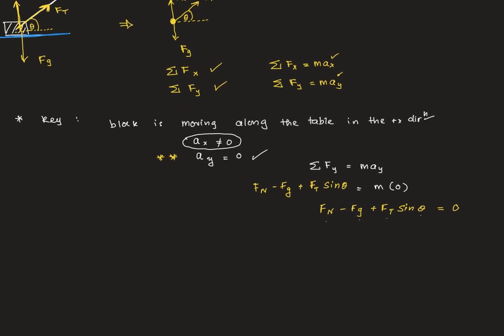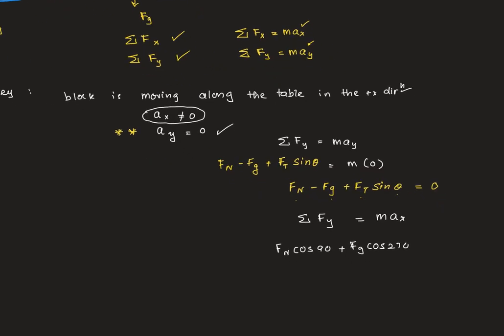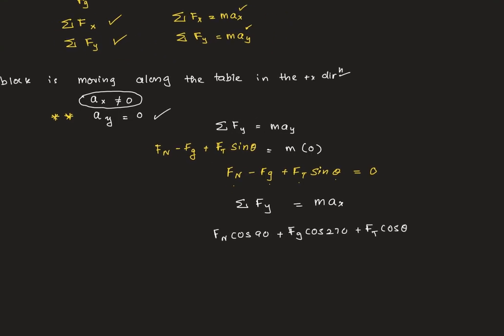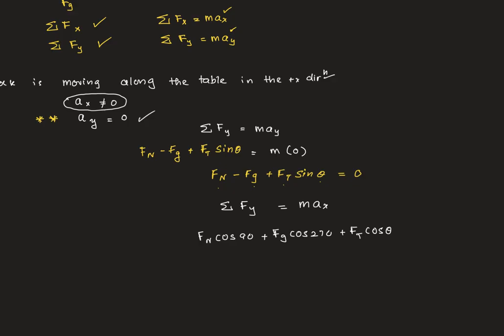Now we can't stop there. We have to write the second equation also. Sum of Fx equals mass times Ax, and there you have Fn cosine 90. You will see that it cancels out, and there you will have Fg cosine 270, which also cancels out, and then the last one would be Ft cosine theta. This is why we learned how to take the components and sum them up.